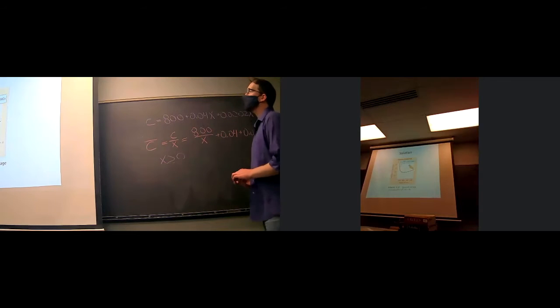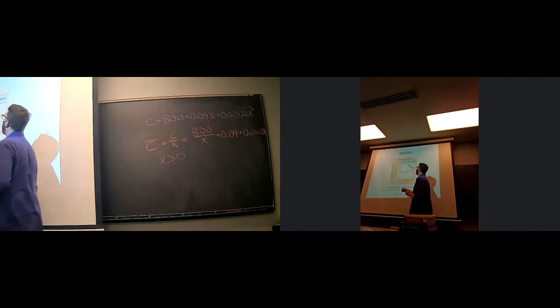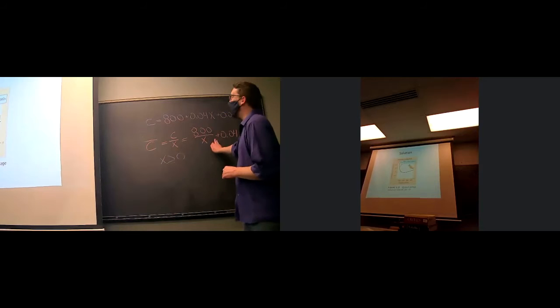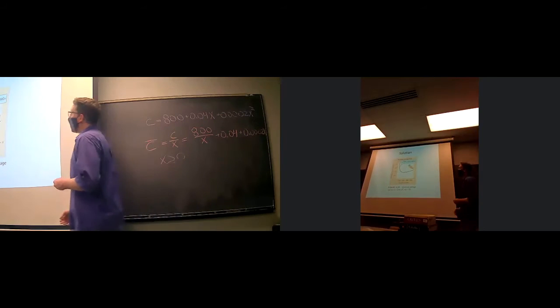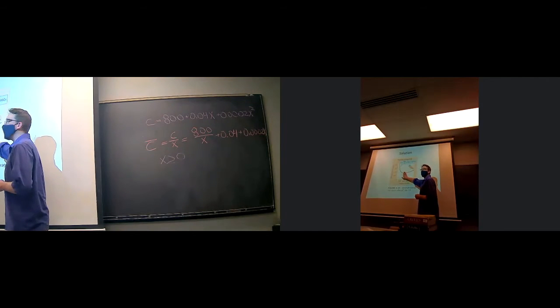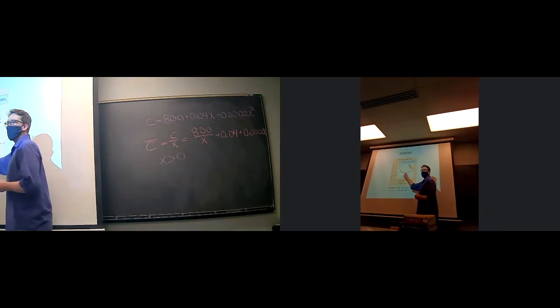Now looking at this, they have a typo in here. This should be C bar. Excuse me. C bar is the function we just defined up here. And eyeballing it without them telling us exactly where the min is, it's kind of hard to see where exactly that min occurs, right?